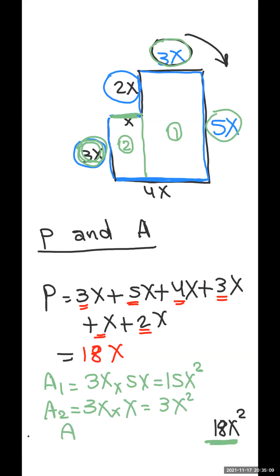Now the total area will equal area 1 plus area 2, 15x squared plus 3x squared, which will equal the same answer, 18x squared. Okay, guys, are we clear? Okay, now the next question.